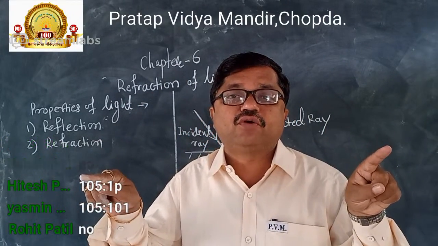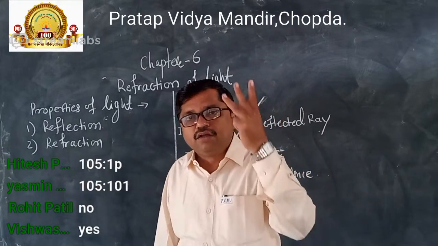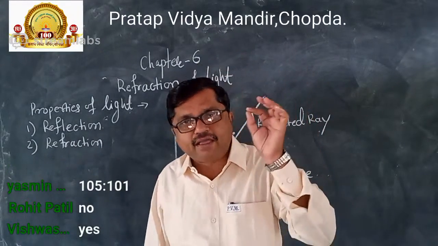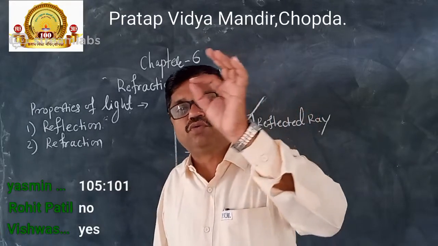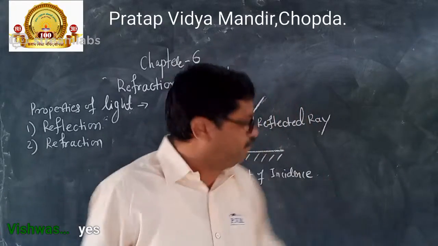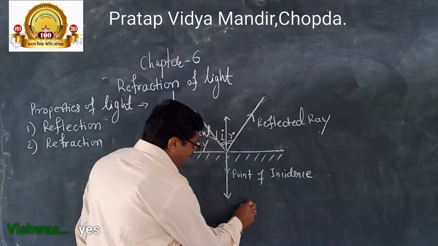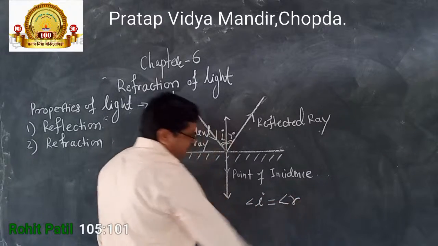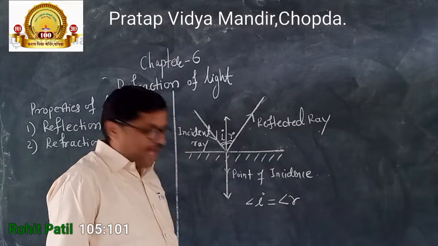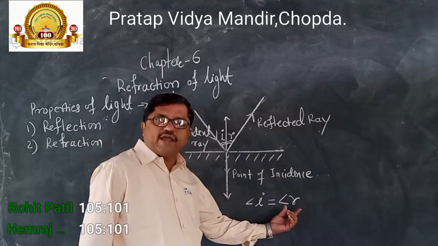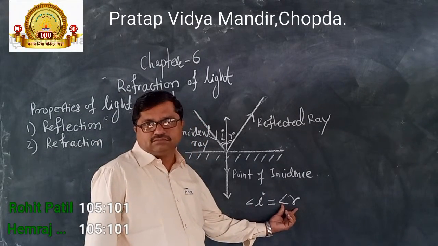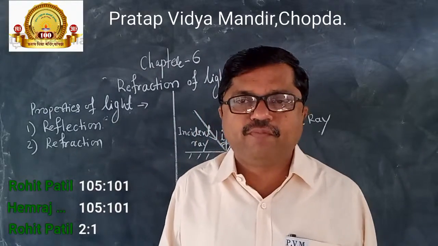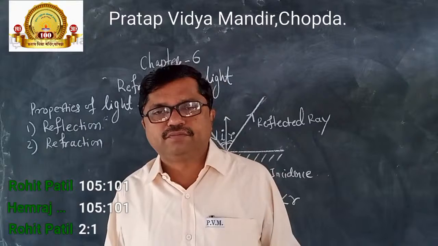The third law is that the angle of incidence is always equal to the angle of reflection. Means in this figure, angle i is always equal to angle r. These are three basic laws of reflection of light that you already studied.